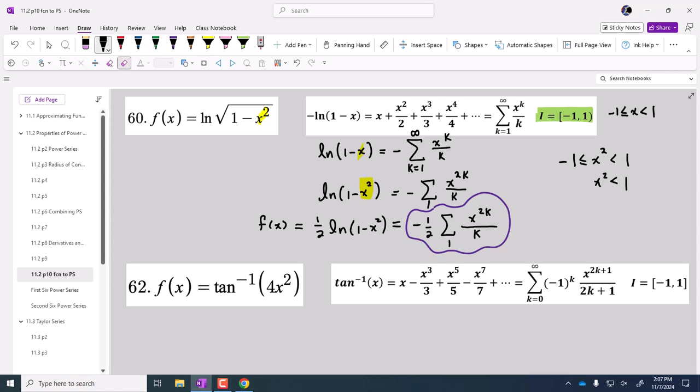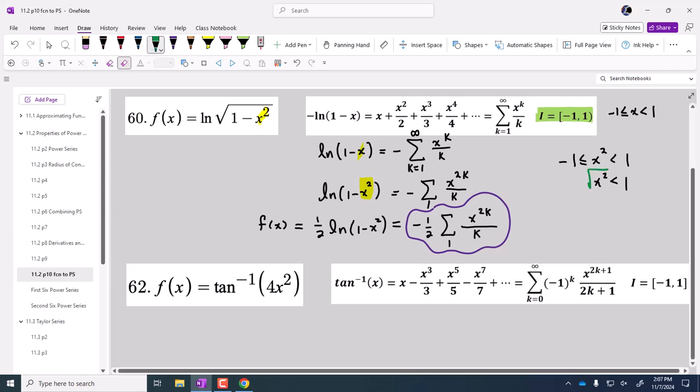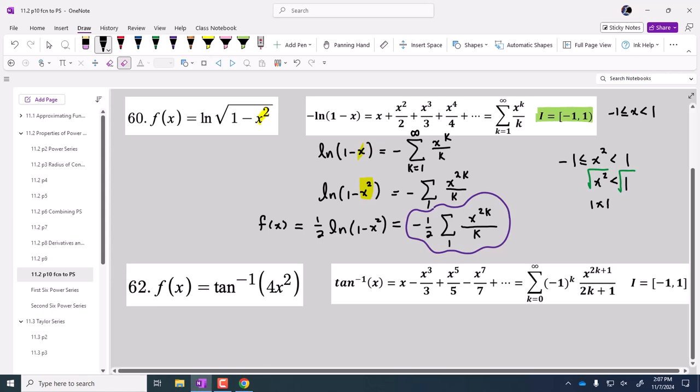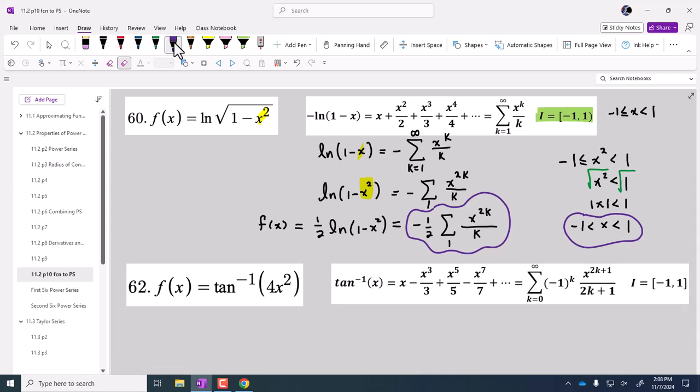And now, if you take the square root of both sides, now that you're in Calc 2, I think you finally know that the square root of x squared is not x. The square root of x squared is the absolute value of x. And so this tells us that our interval of convergence goes from -1 to 1, but we don't include either endpoint.